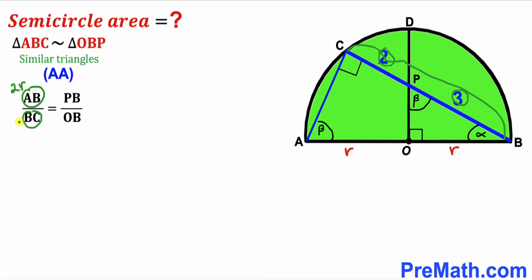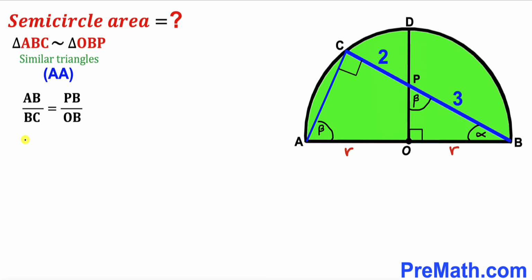PB is 3 units, so I replace that with 3. And finally OB is our radius r, so I substitute lowercase r.